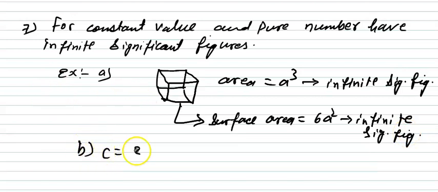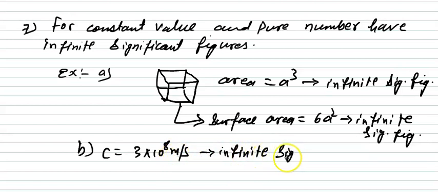If we are talking about the speed of light, 3 into 10 to the power 8 meter per second, we can write that it has infinite significant digits, because these are constants. It has already been measured and calculated. That's why we are not going to say it has any significant number.